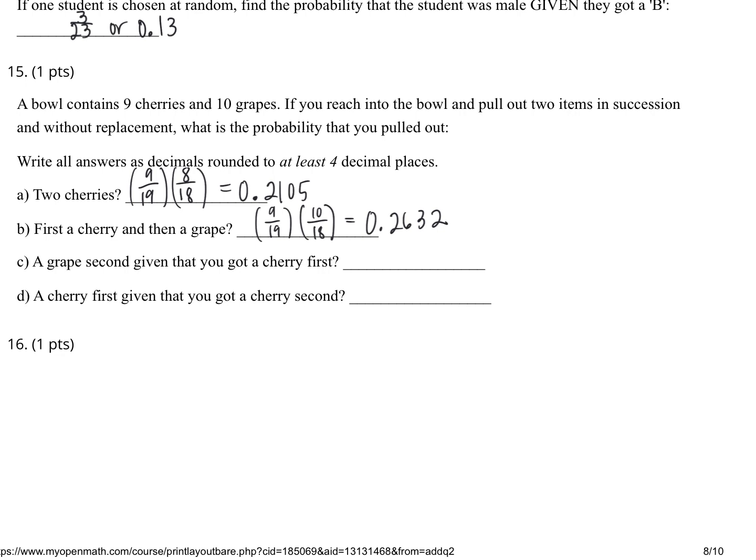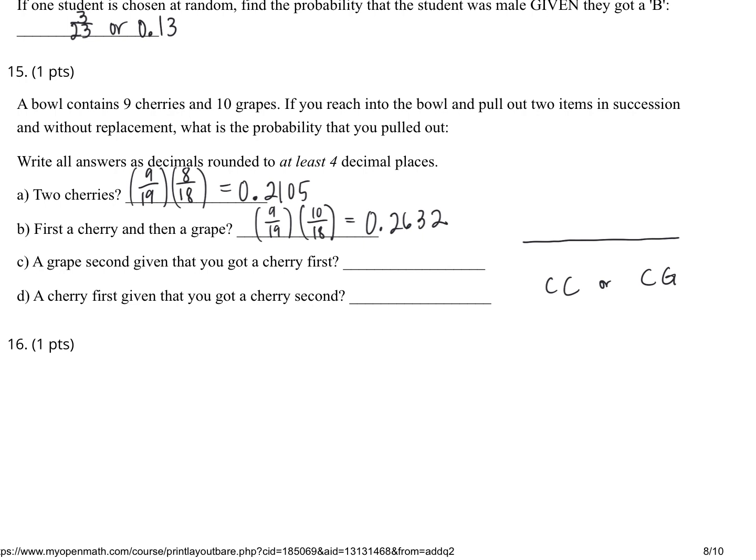Okay, and then the next one: a grape second, given that you got a cherry first. So the given is that you got a cherry first. For our denominator, we have to figure out how we could get a cherry first. We could get a cherry and then another cherry, or we could get a cherry and then a grape.